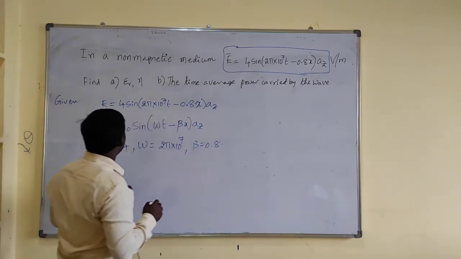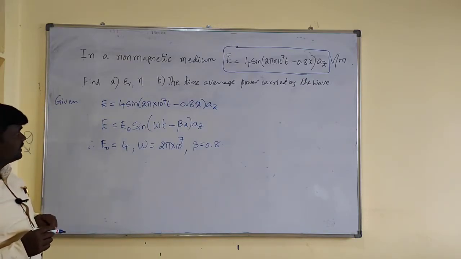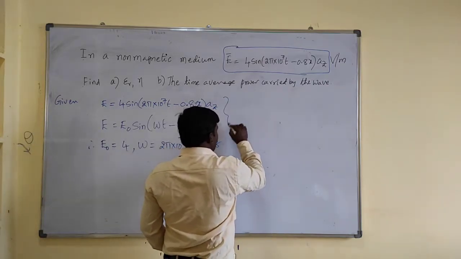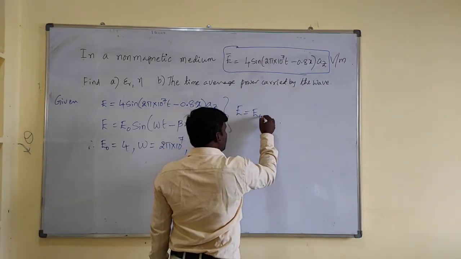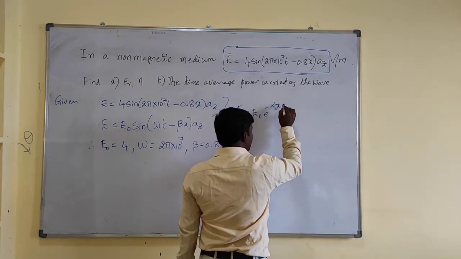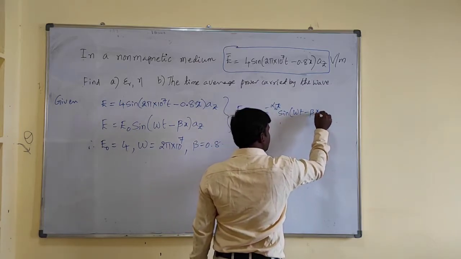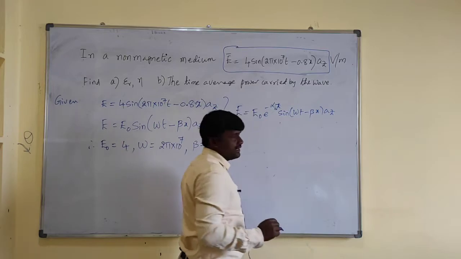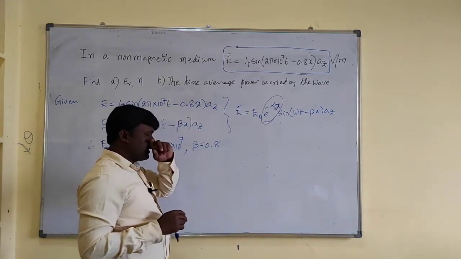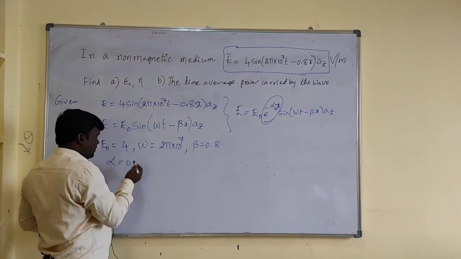We need to determine here, in this case, E naught. Basically the form is E equal to E naught e to the power minus alpha x sine(omega t minus beta x) Az, as it is along the x direction. Here there is no e to the power minus alpha x term, which means alpha is 0.